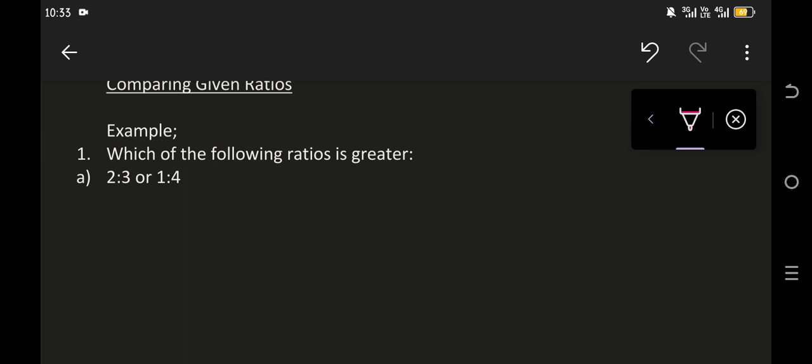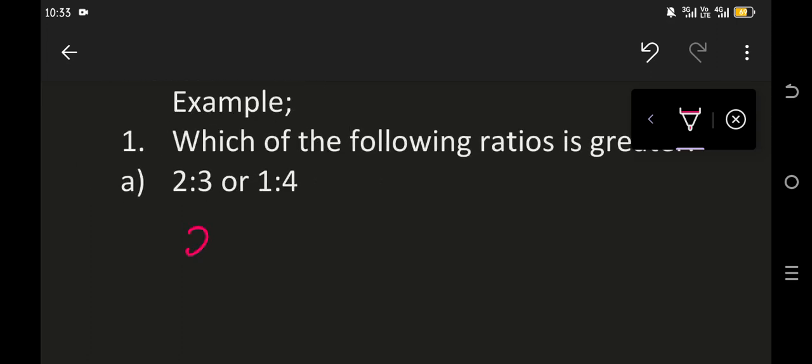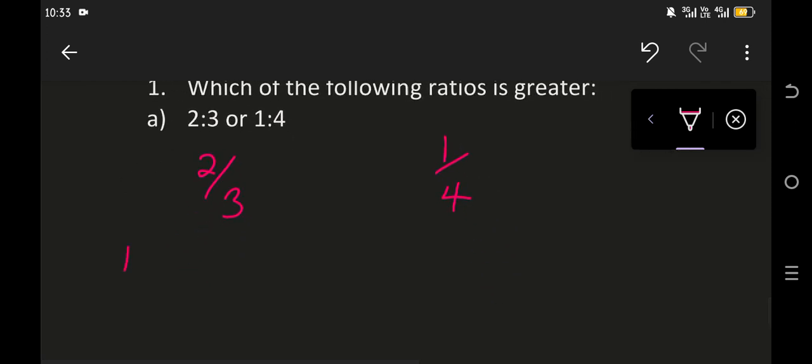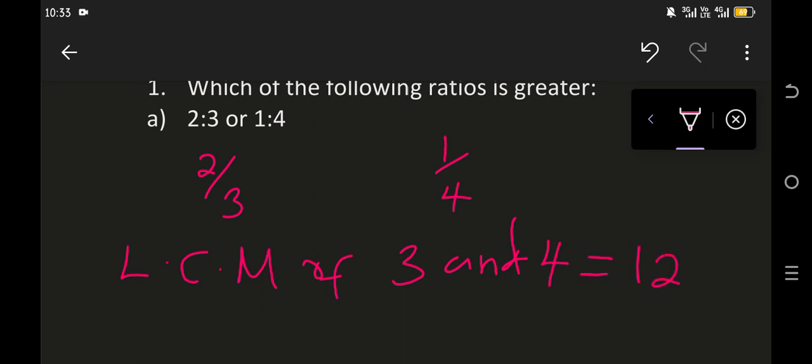We have 2 over 3 and we have 1 over 4. So the first step is to find the LCM of 3 and 4, which is 12.